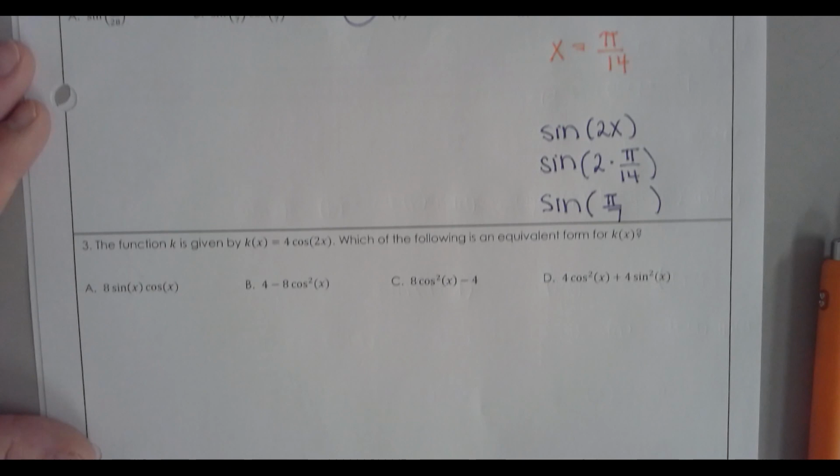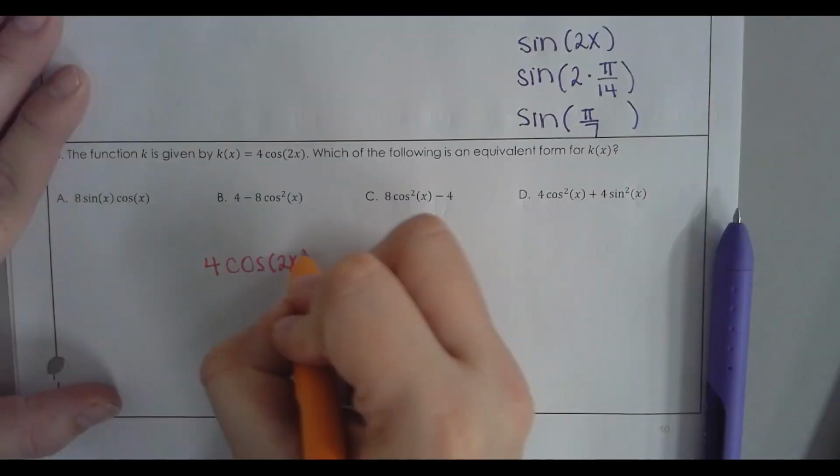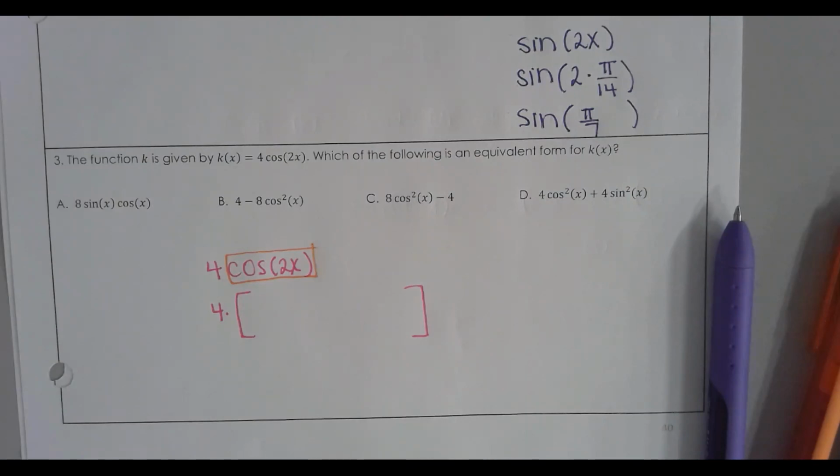All right, the next one, K over cosine of 2x. With cosine of 2x, pretty simple.